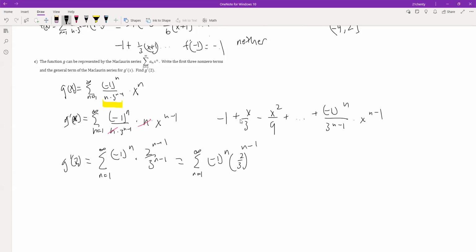So we'll just solve this like a geometric series. The first term is going to be at n equals 1, so negative 1 times 2/3 to the 0 power is negative 1, over 1 minus r, which is going to be negative 2/3. And this equals negative 1 over 5/3, which is negative 3/5, and that is part C.